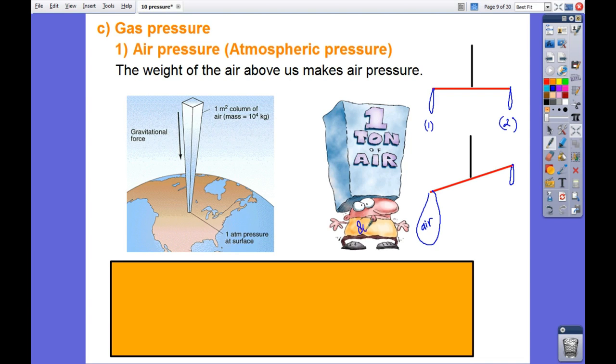So this water has its own pressure pushing out from our body. Because of that, the air pressure going into our body is opposed by the pressure of the water inside our body. That's why we don't feel any pressure.